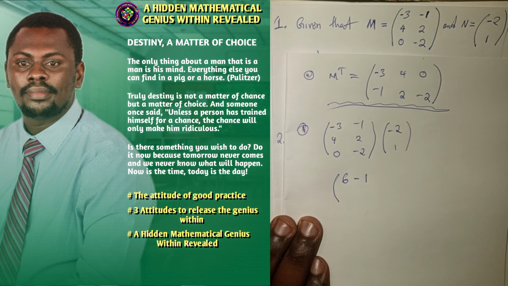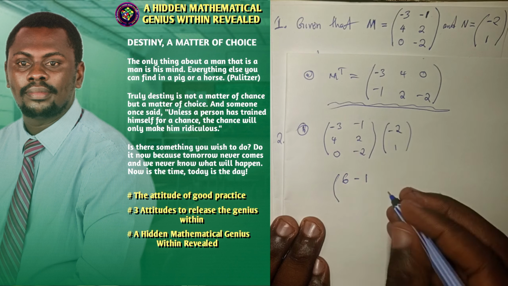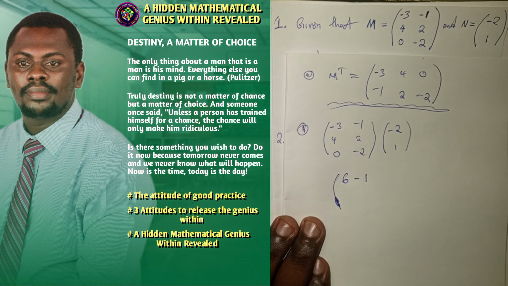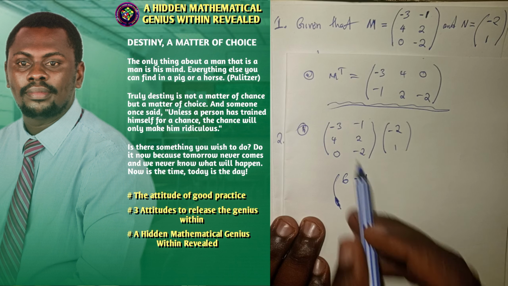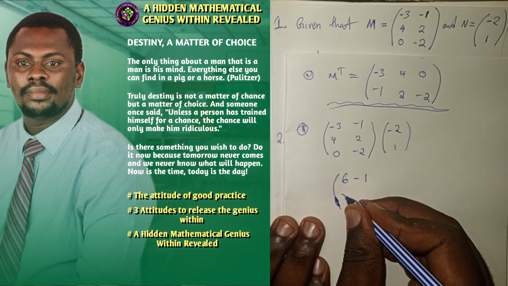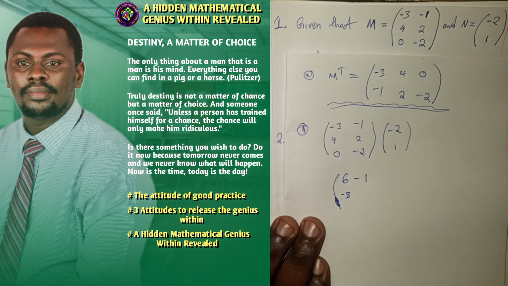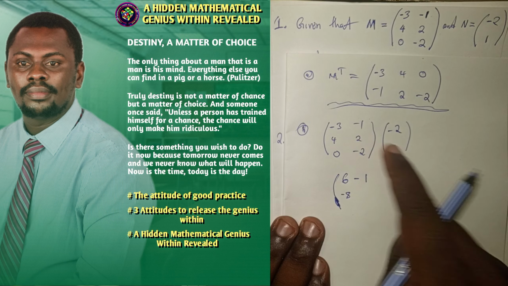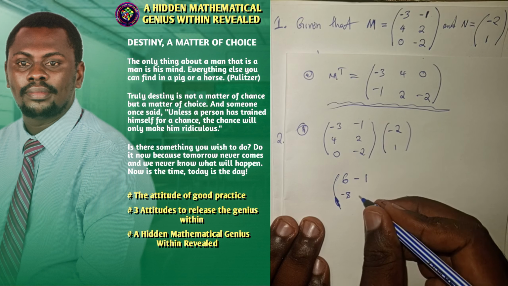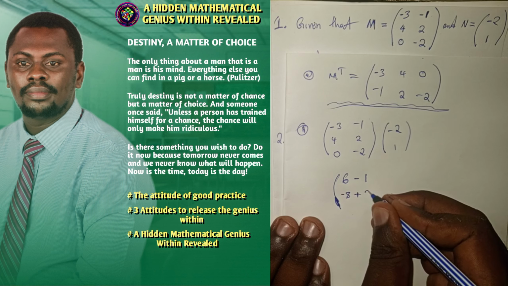So we go to the second row. So the second row, it will be 4 multiplied by -2, you get -8, plus 2 multiplied by 1, that is 2. So we have plus 2.